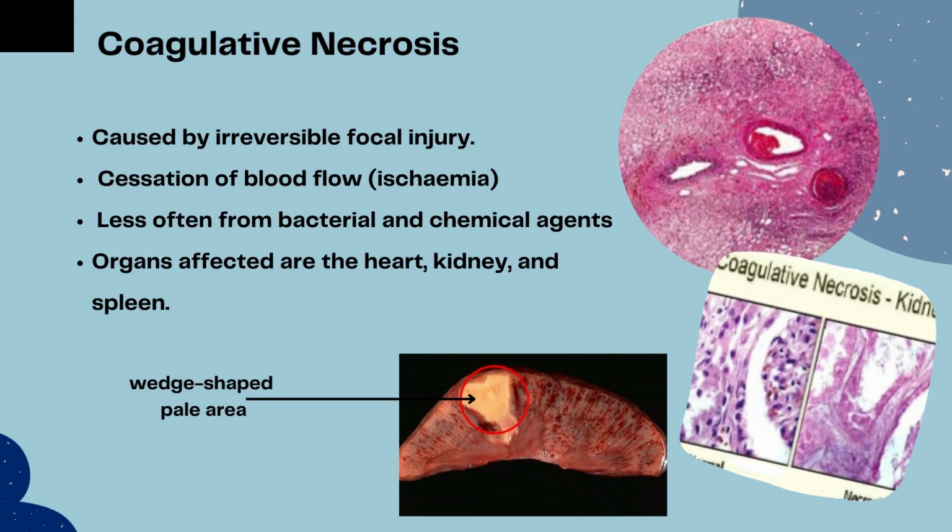There are also certain organs which are commonly affected, which will be the heart, the kidney, and the spleen. For example, in the kidney, there will be a wedge-shaped pale area of coagulative necrosis, which is also known as infarction. So this wedge-shaped pale area will happen in the cortex of the kidney. So this is the first type of necrosis.